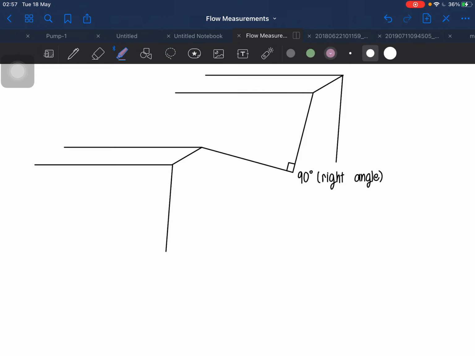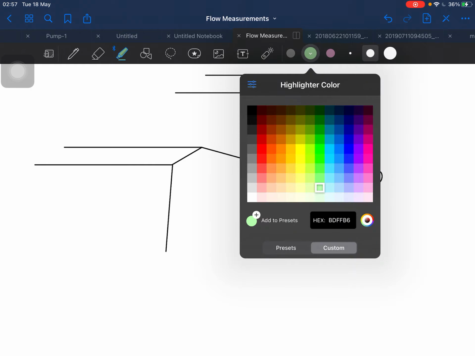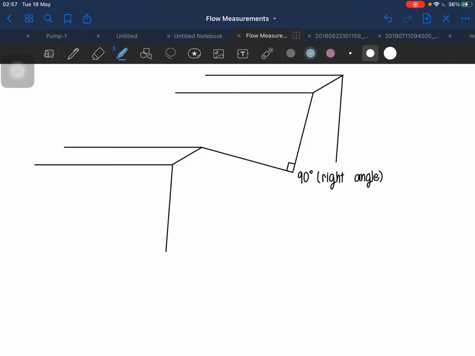Okay, so here is the water, right? So water should be in this color. So the water is flowing like this. Here is the water.